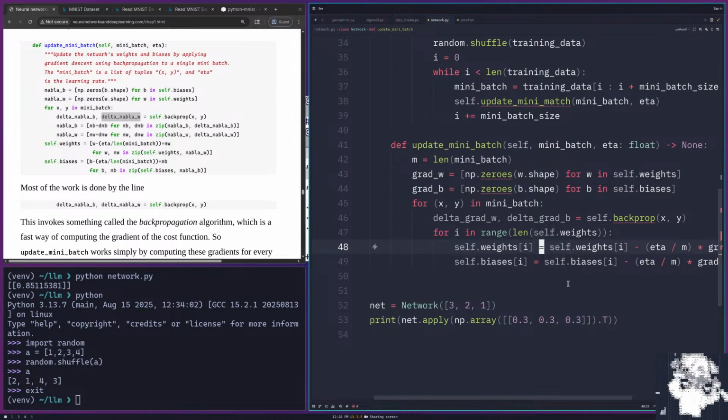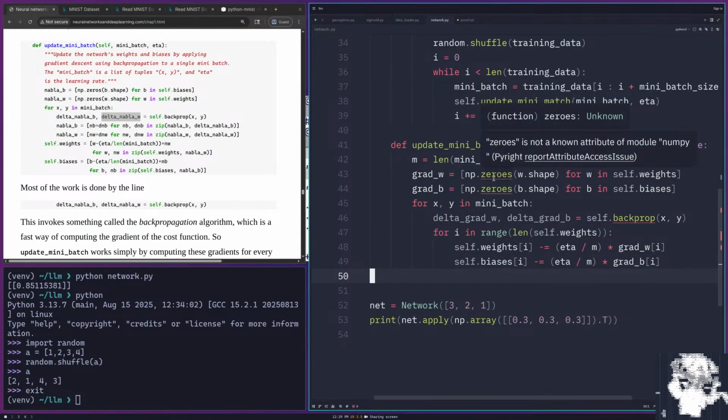And then instead of doing weights equals weights minus, I'm just going to do minus equals. It doesn't like np.zeros.